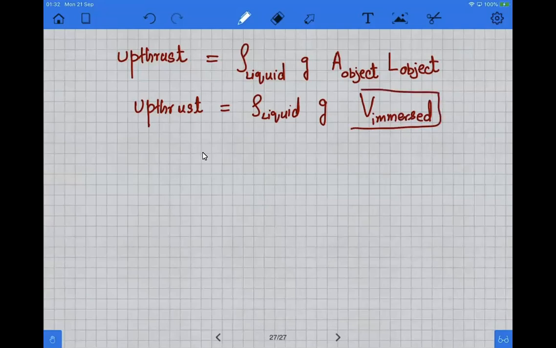If we multiply the immersed volume, one important factor here that we need to understand is that immersed volume is generally equal to the volume of the object.